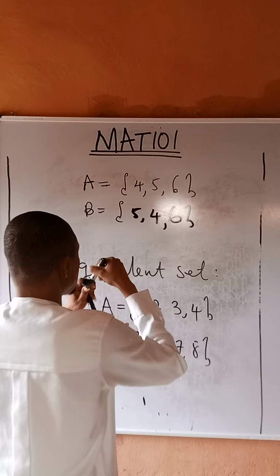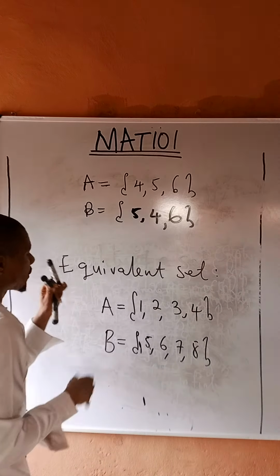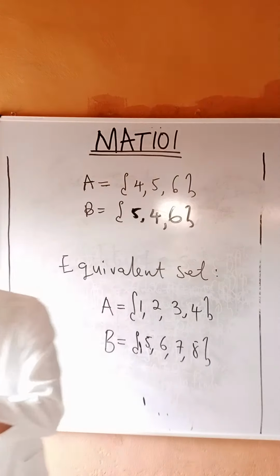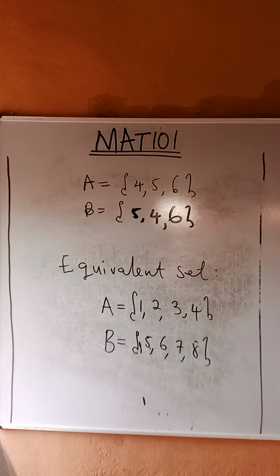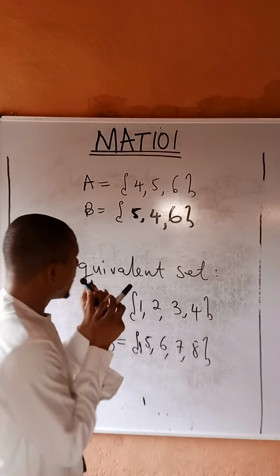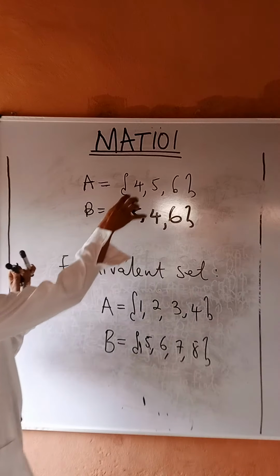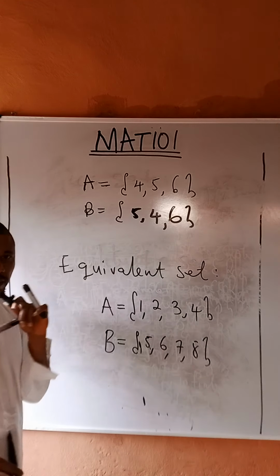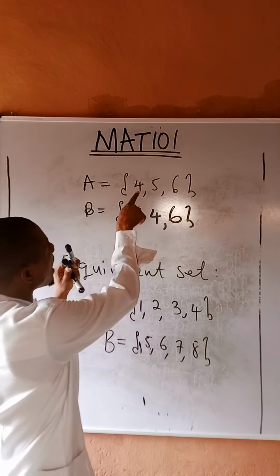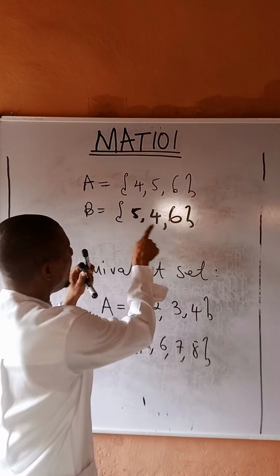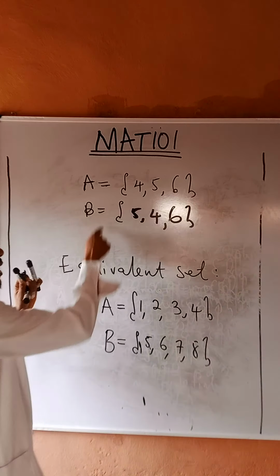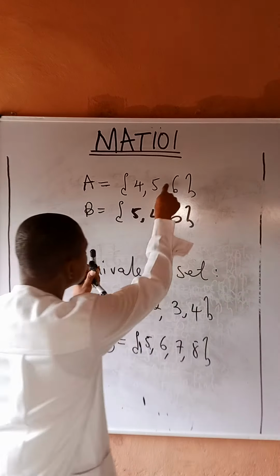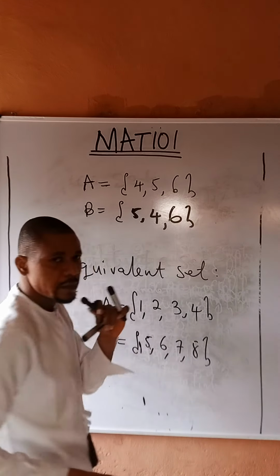My question is this: are these two sets equal? Yes, these two sets are equal. They are equal because they contain the same elements in both sets. And at the same time, these two sets are also equivalent.